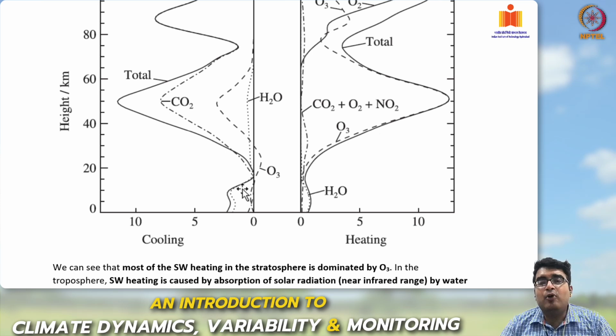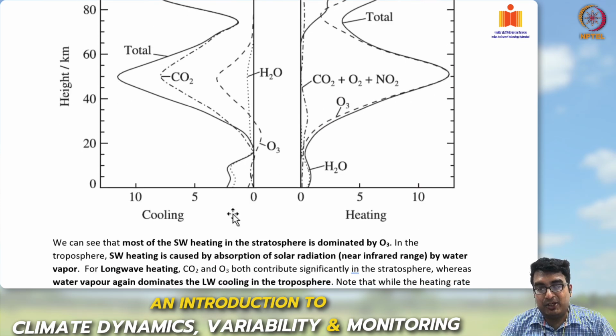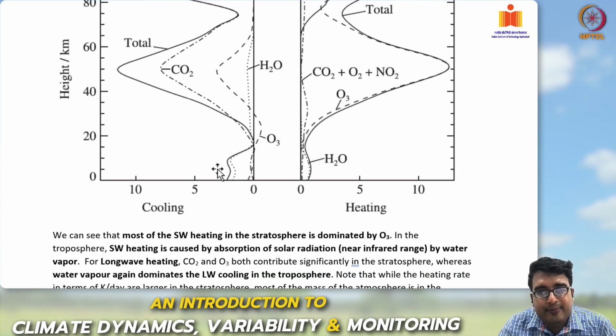Okay, now we are looking at the cooling section. Here again, this is the total solid line. The dash-dot is the CO2, the dashed is the ozone, and this is the water vapor. Here we see that in the troposphere, again, water vapor is the largest contributor. CO2 has some contribution after that.